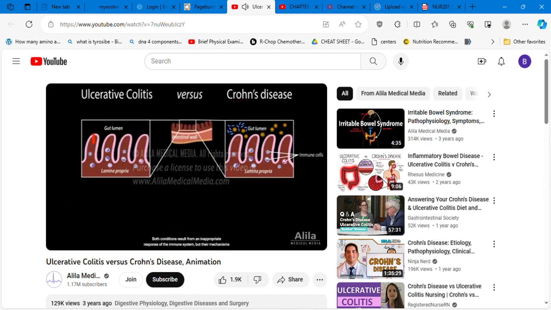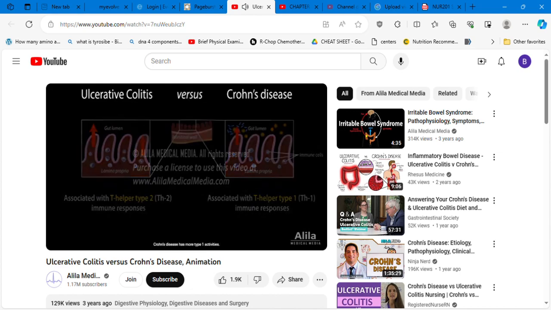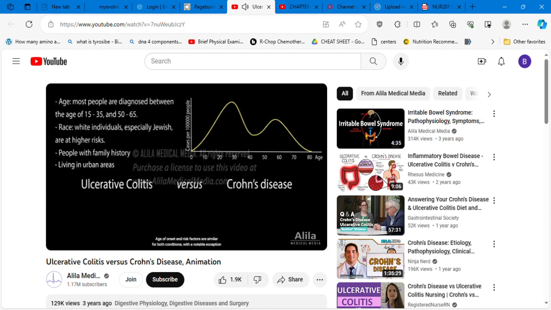Both conditions result from an inappropriate response of the immune system, but their mechanisms are likely different. Ulcerative colitis is associated with abnormally high levels of helper T cell type 2, while Crohn's disease has more type 1 activities. Age of onset and risk factors are similar for both conditions, with a notable exception of smoking, which exacerbates Crohn's disease but has a protective effect on ulcerative colitis.